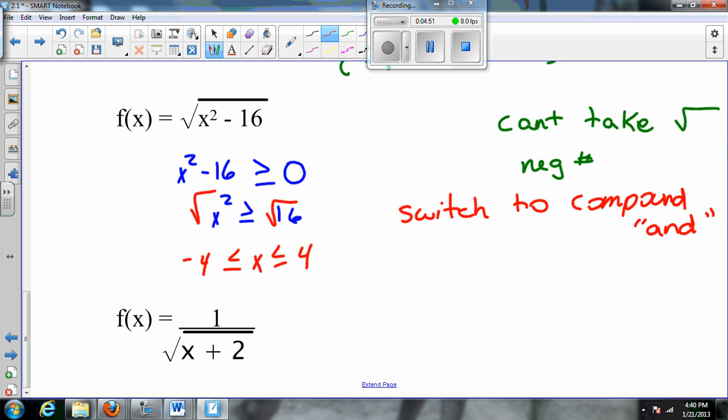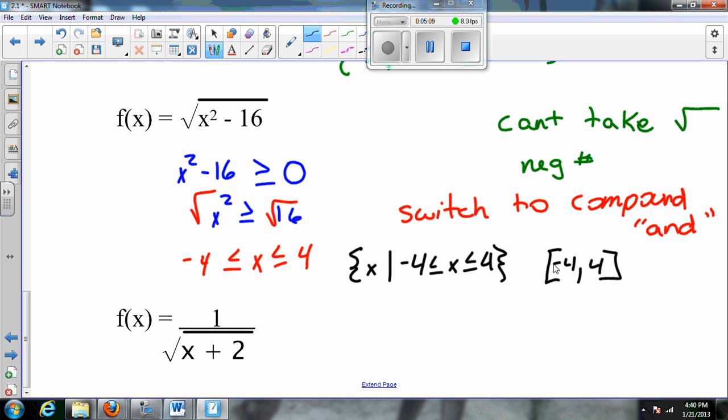So if you were to write this using set builder notation, we'd have x where negative 4 is less than or equal to x, which is less than or equal to 4. Or if we use interval notation, it is from negative 4 to 4. So if there's a root in the denominator, we know we can't take a square root of a negative number, and we can't divide by 0.